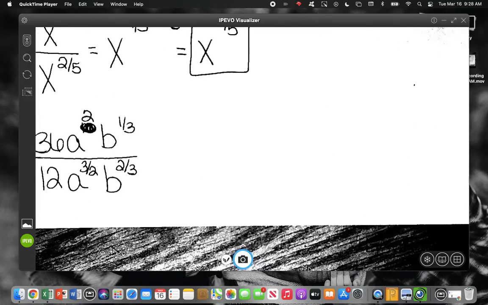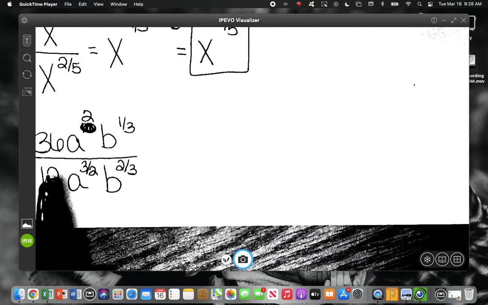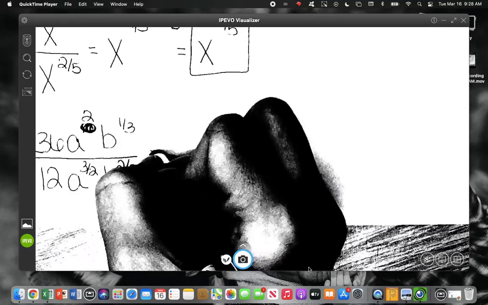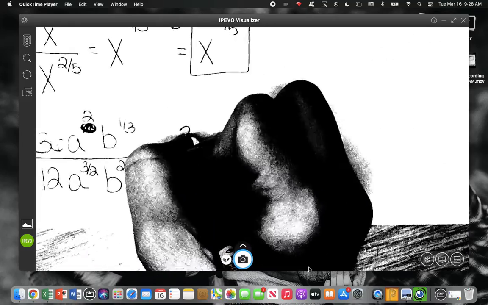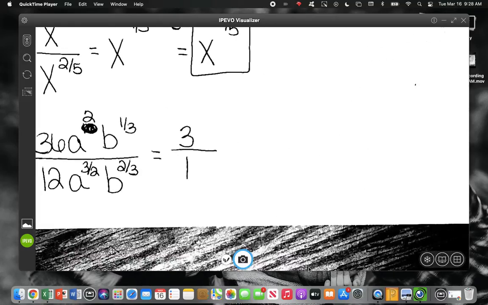All right, so what are we supposed to do with our coefficients? Divide. What is 36 divided by 12? 3, and I'm going to just put 3 over 1.